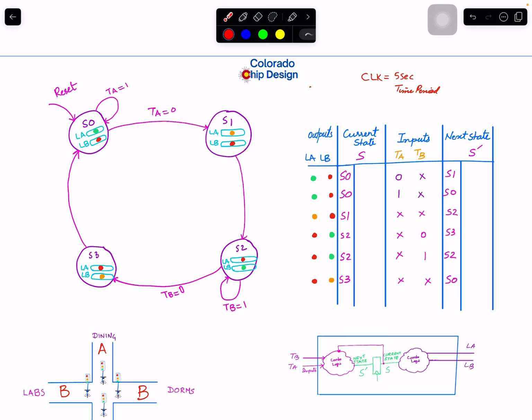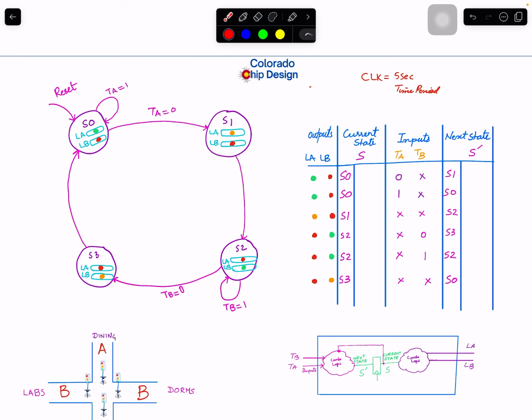And here we said, if this one is S0 and we have TA 1, this combinational circuit is deciding that. If this is S0 and T is 1, this needs to be S0 so that on the next rising edge of the clock, this stays at S0.